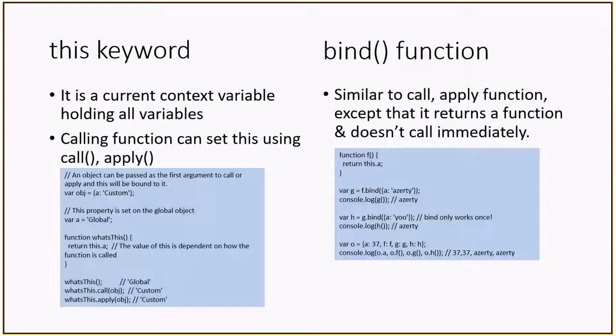We have a global variable here, so this has access. That's why we can use this dot a like this. Similarly, you can even access this dot obj here. I haven't put it, but you can access it. That's why this is called a variable which has access to all the context variables.